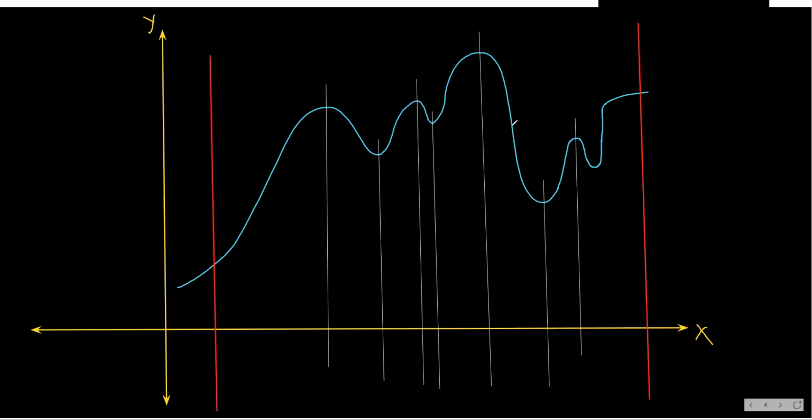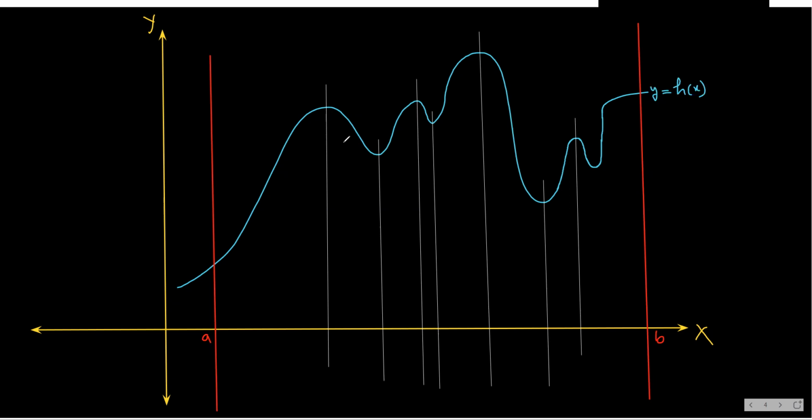Okay, students, so here let's go ahead for some more discussion. I have a function in the interval a to b. Let us call this function y equals h of x. Now in this function, I have several maximums and several minimums. So look at the shape of the function.